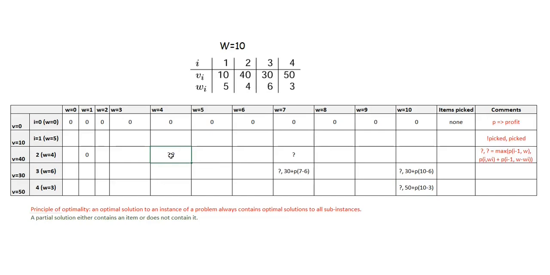To resolve this, again we need the principle of optimality, which says either to pick up an item or don't pick an item. So my solution would be 40 plus profit from the remaining weight, which is 4 minus 4. So 40 plus P4 minus 4 is P0, which is somewhere here.